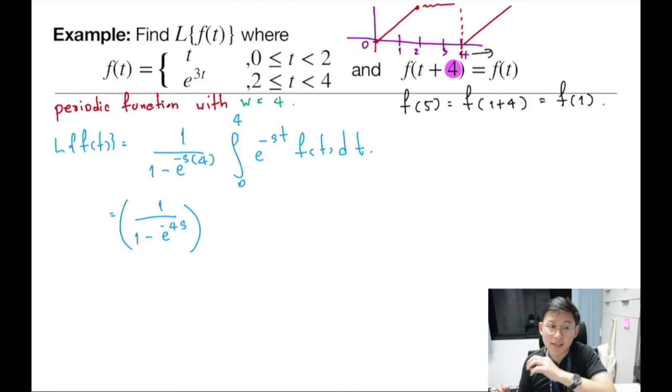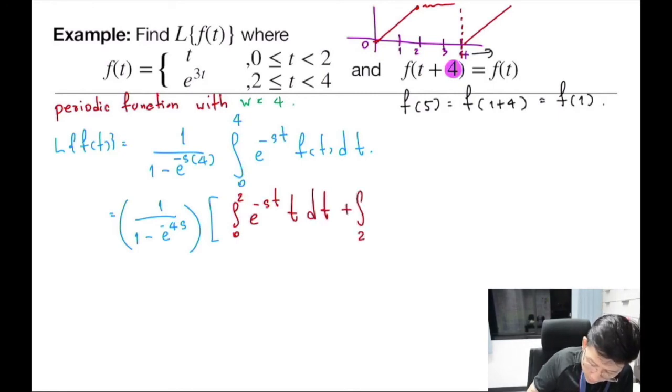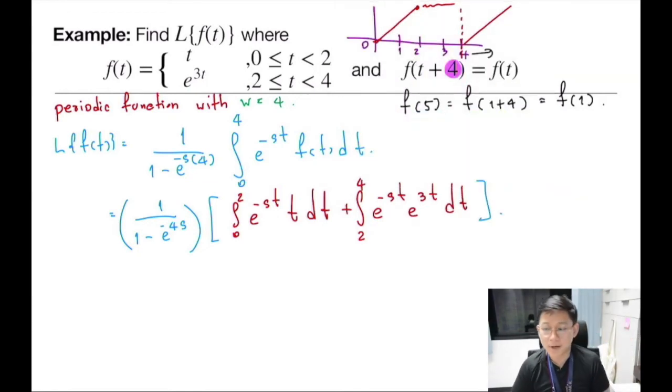So you need to change it to the integral from 0 to 2 of e to the minus st times t dt, plus the integral from 2 to 4 of e to the minus st times e to the 3t dt.